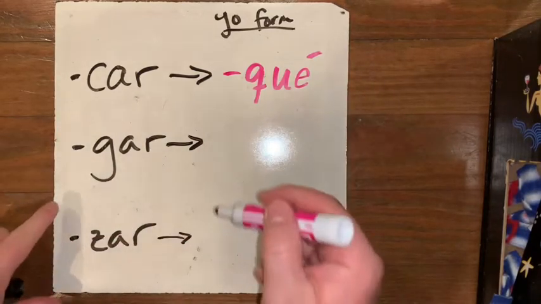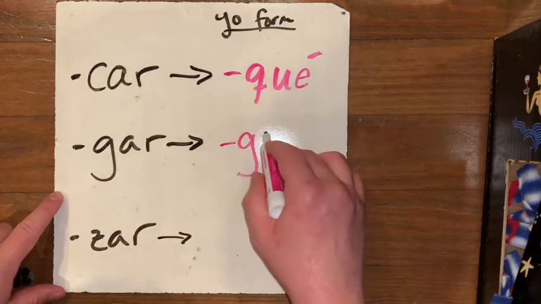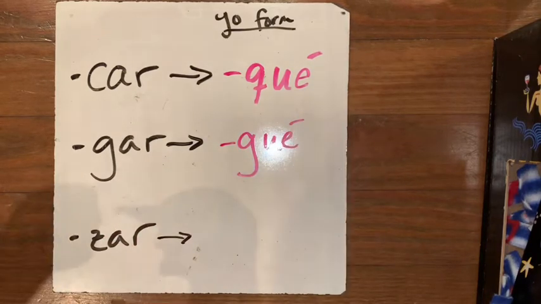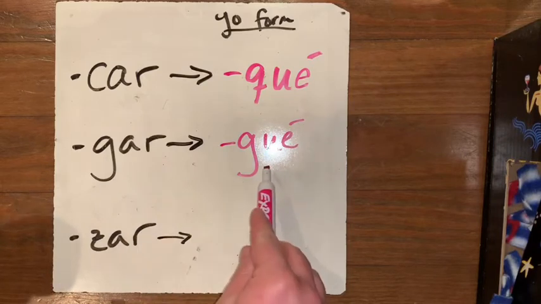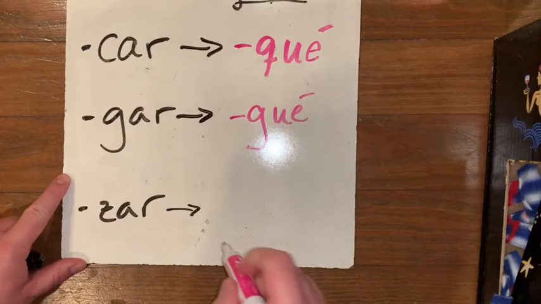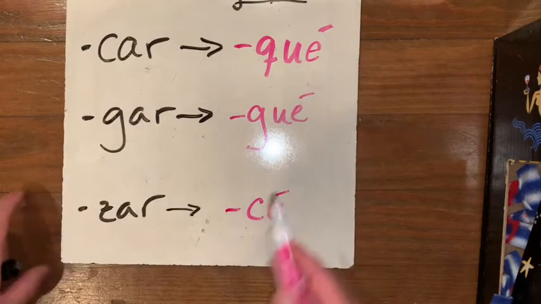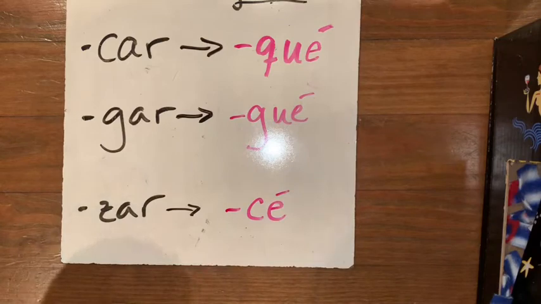If a verb ends with GAR, you can't just add G with an E. We sneak a little U in there. So my yo form for my verbs that end with GAR is GUE. And if it's a verb that ends with ZAR, we replace the Z with a C, and we have that as our new ending.